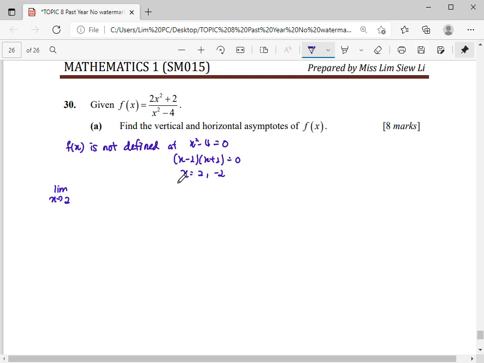So we will see what happens when x approaches 2 from the left hand side for our function, and another idea will be the limit as x approaches 2 from the right hand side.